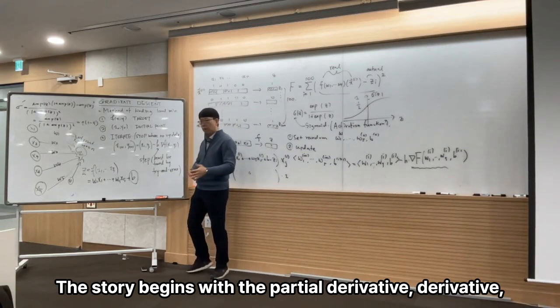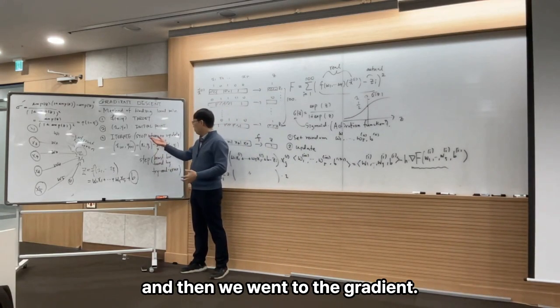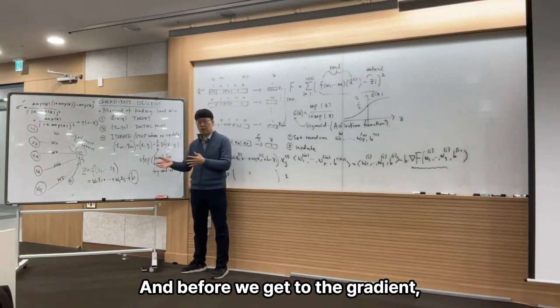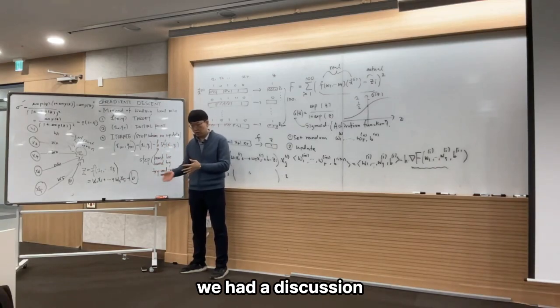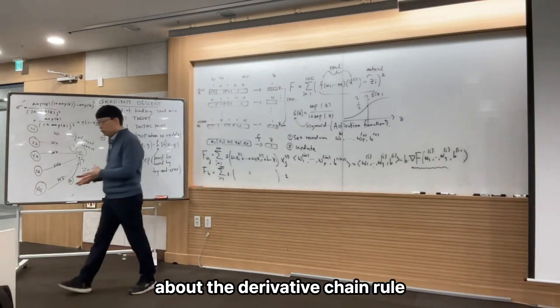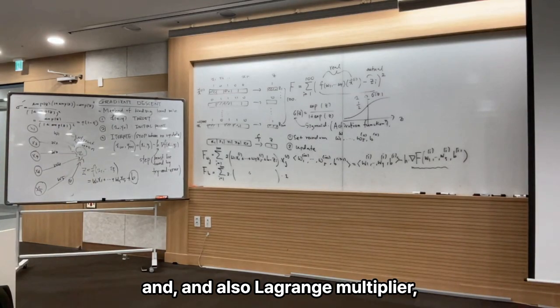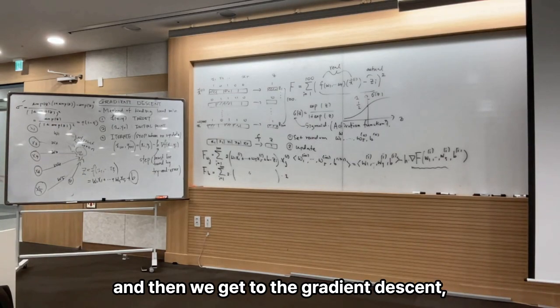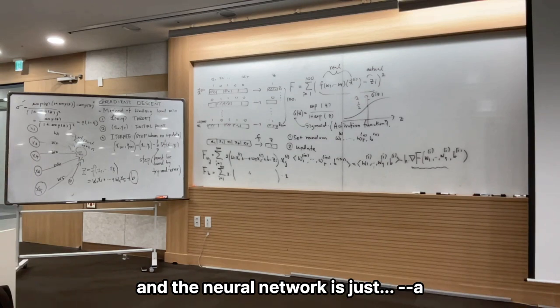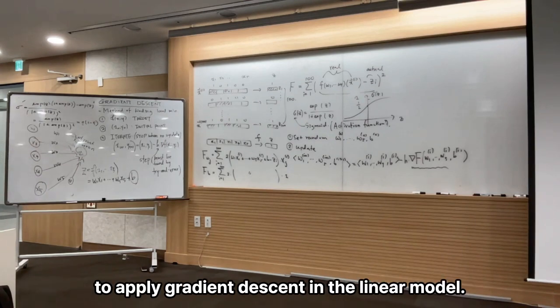The story begins with the partial derivative, and then we went to the gradient. Before we got to the gradient, we had a discussion about the derivative, chain rule, and other contour things, and also the Lagrange multiplier. And then we get to gradient descent, and the neural network is just a simple example to apply gradient descent in the linear model.